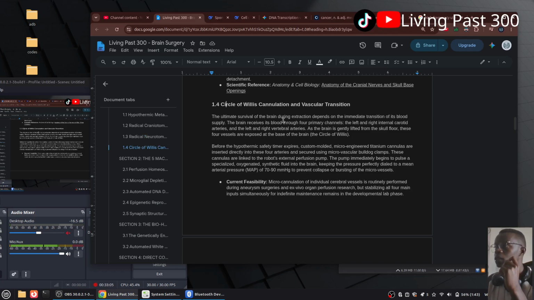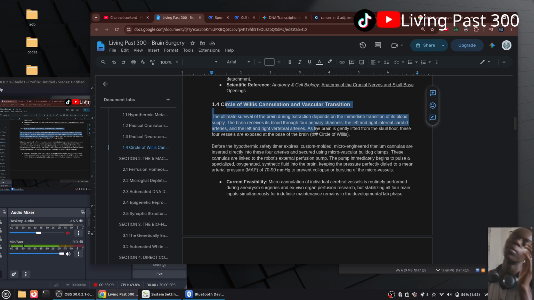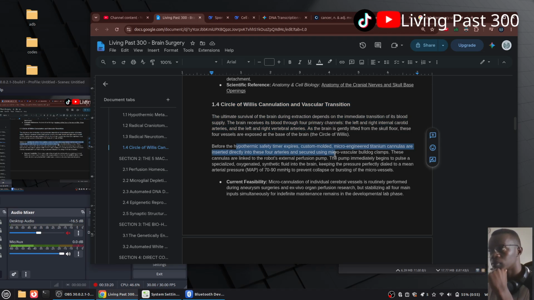Basically, if we ever cut off the blood supply while we are moving the brain, you have to immediately connect an artificial blood supply. It is inserted into the artery and secured using microvascular bulldog clamps. Okay, yeah, it makes sense.